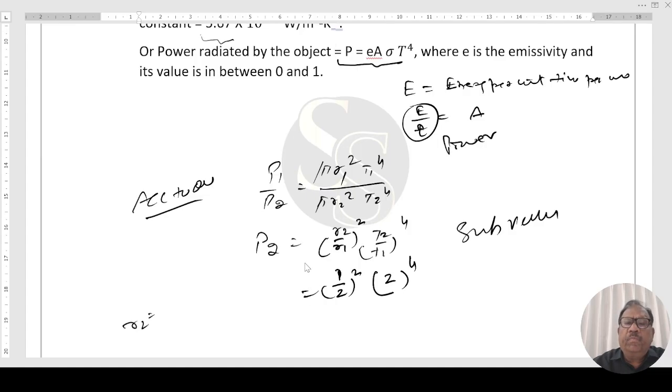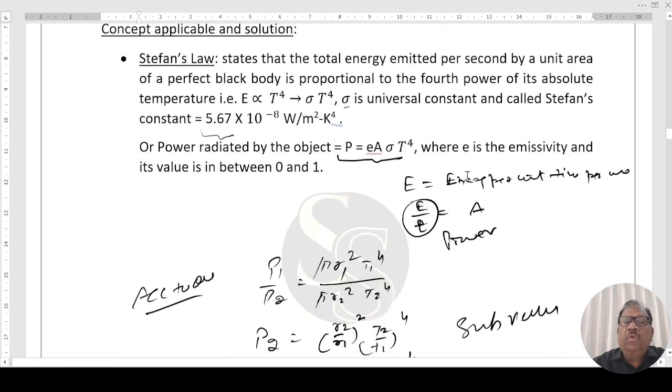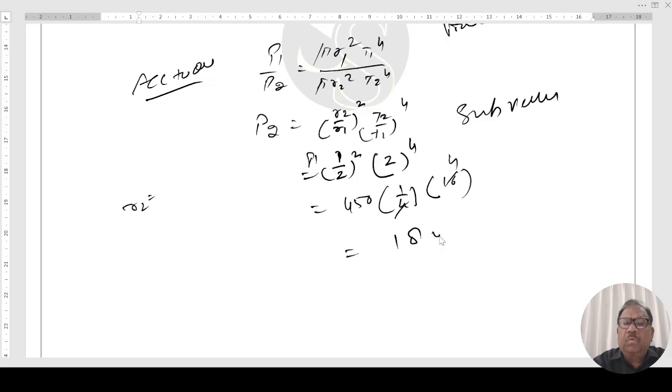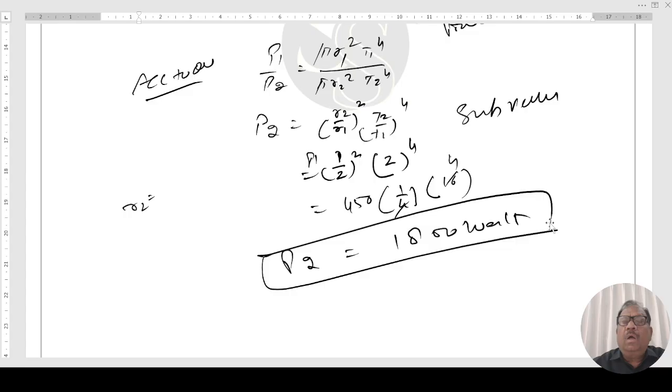P1 is given to you, 450, into 1 by 4 into 16. This comes out to be 4. On simplification, this comes out to be 1800 watt. So this will be the answer.